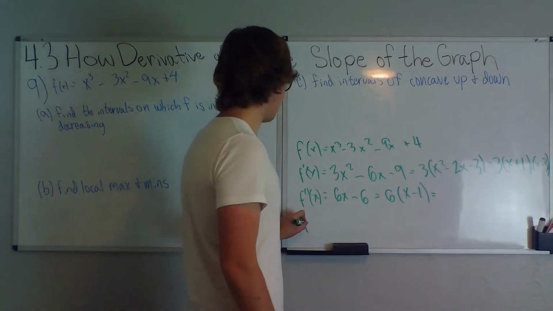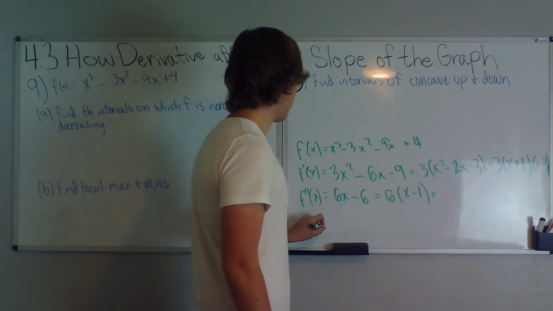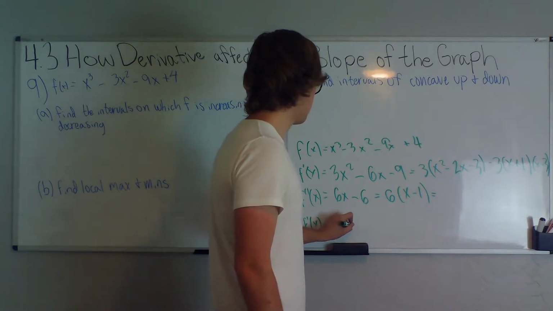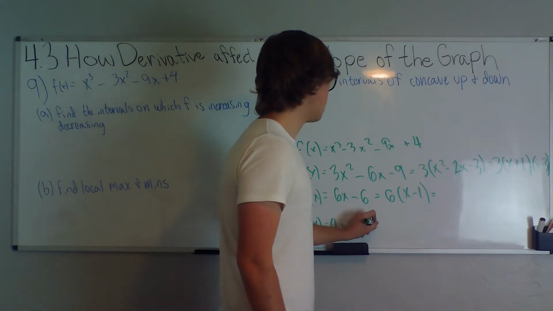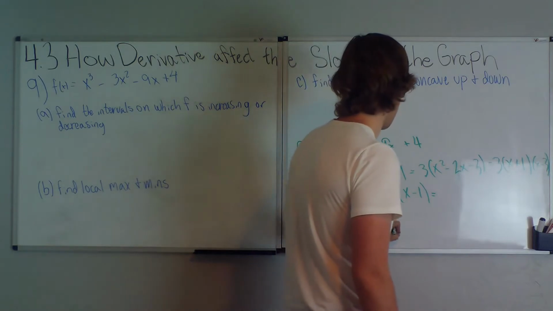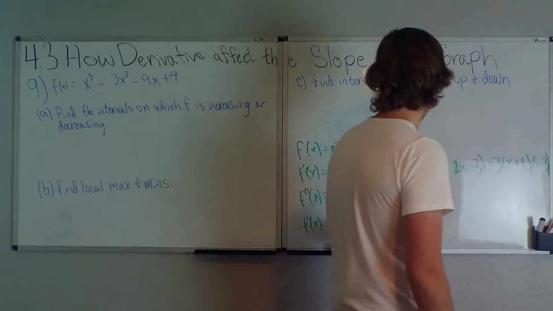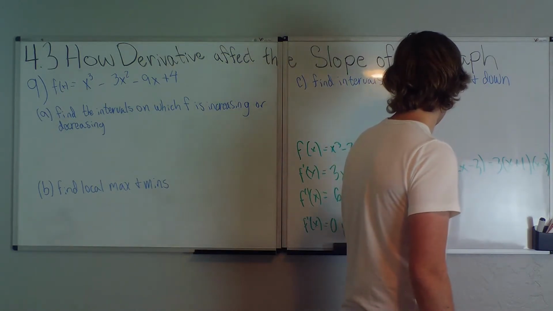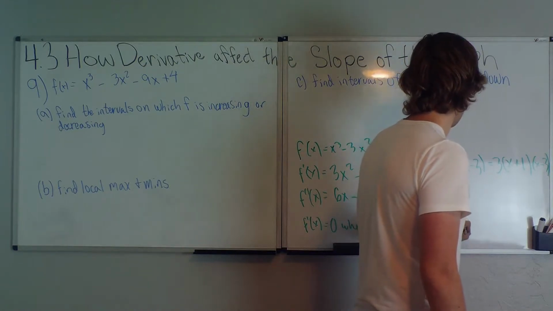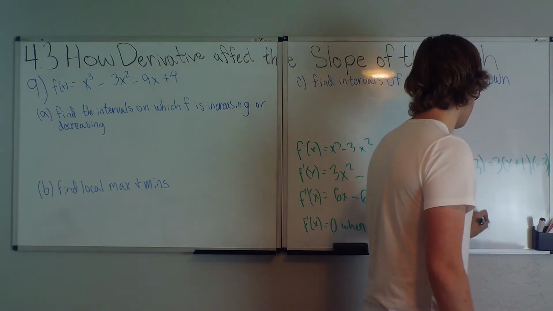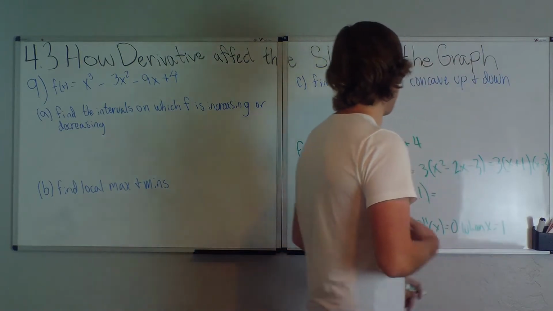So f prime of x equals 0 when x equals negative 1 and 3, and then f double prime of x equals 0 when x equals 1, right?